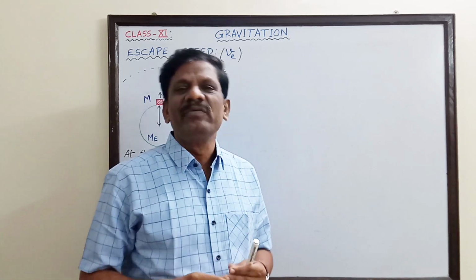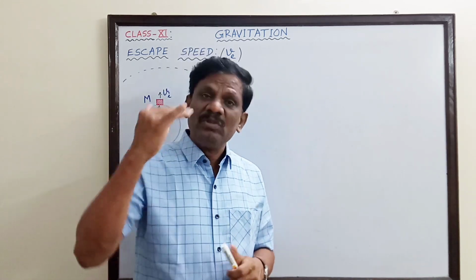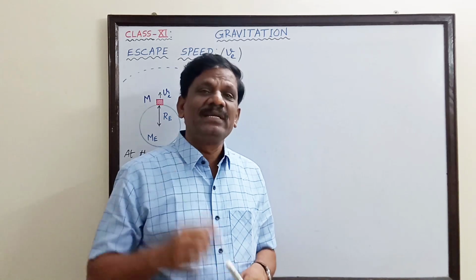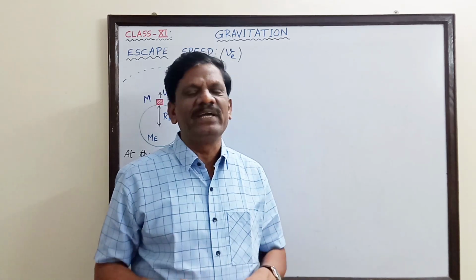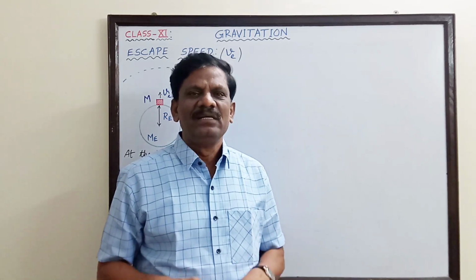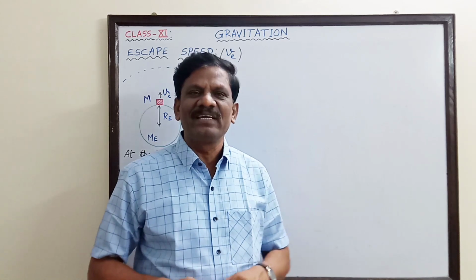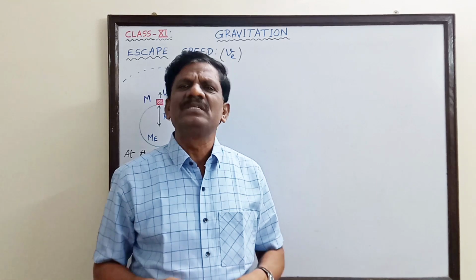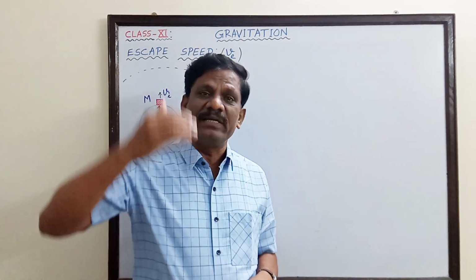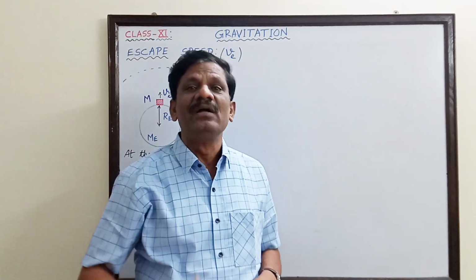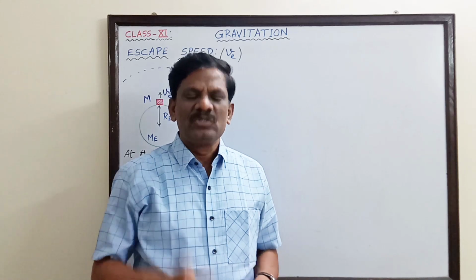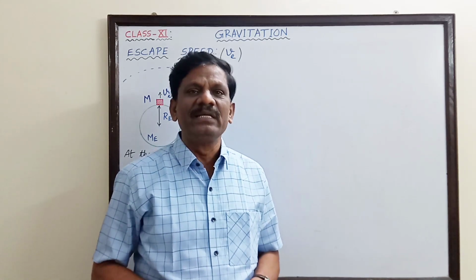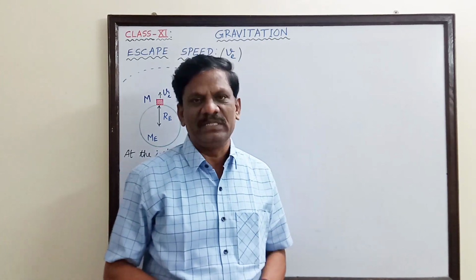Suppose you give a velocity above this, like 11,800 or 12,500 meters per second, definitely it will escape out of the gravitational influence. If it is less than 11,200, it will go to a greater height and from there it will freely fall. So we have to be very careful in giving the definition for escape speed.